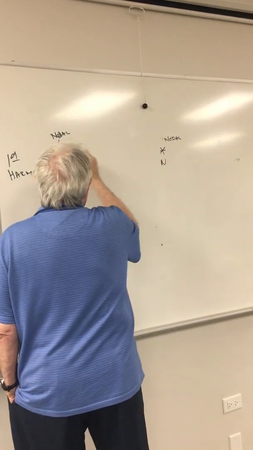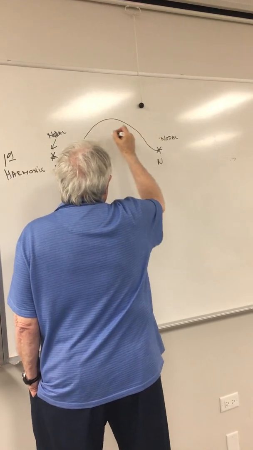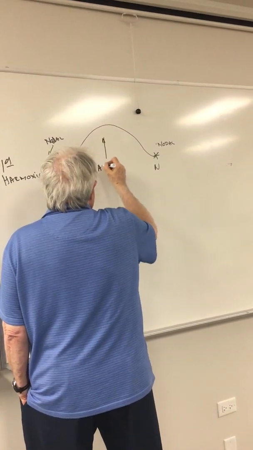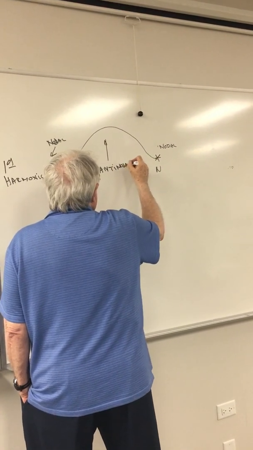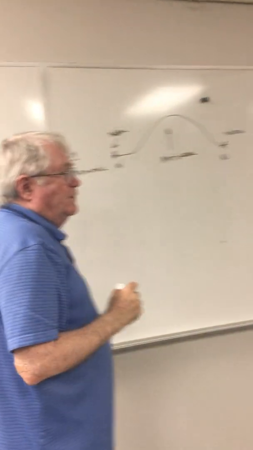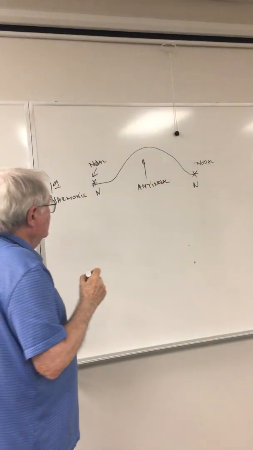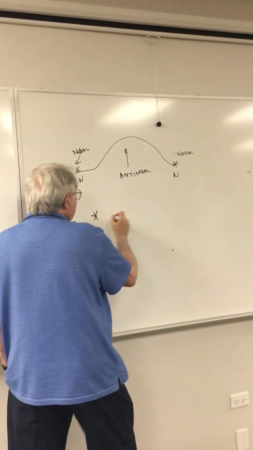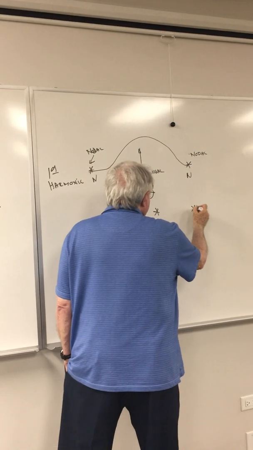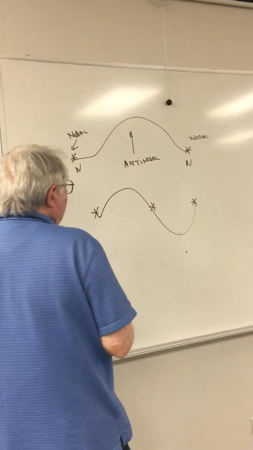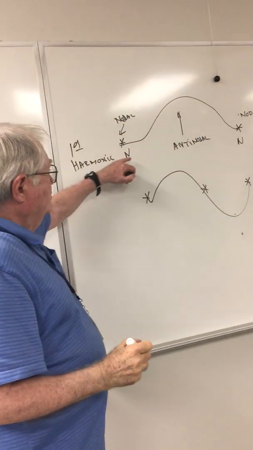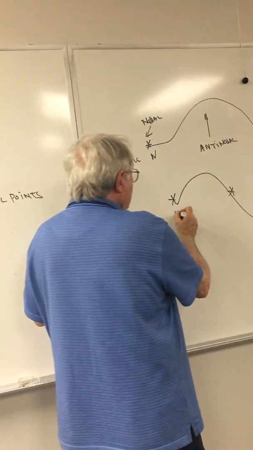Then in the middle you have a maximum that's called an antinodal point. Now if you double the frequency, you'll get something that looks like this. It goes up and down like that. You have 3 nodal points. Here you only had 2. The second harmonic has 3.